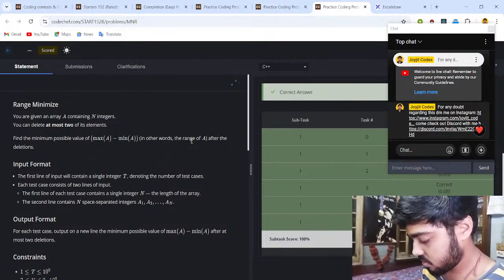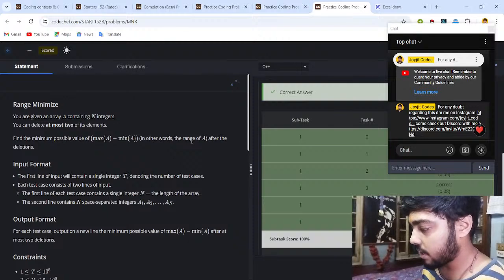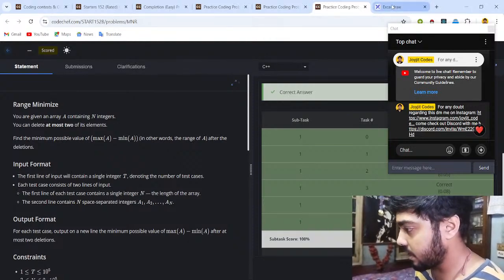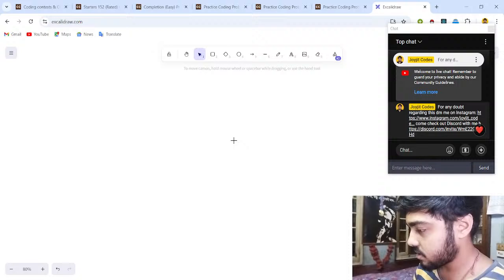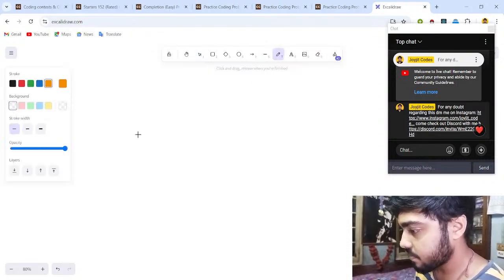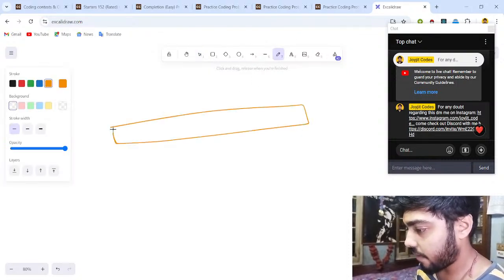Now since you know that you can delete 2 elements only, let's think of it this way. You got an array, and you have to find the range of the array, but you can delete 2 elements from it.